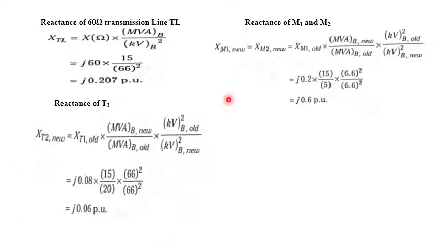The equation is the same. X_m1 new equal to X_m2 new per unit is equal to old value times MVA base new divided by MVA old. Here the motor is dealing with the LT rating. This is the subtransient reactance of 0.2, 20% is 0.2. MVA base new is 15, they have mentioned in the numerical 5. New by old value, the old voltage they have mentioned in the numerical is 6.6, and what we calculated is 6.6. So we will get 0.6.